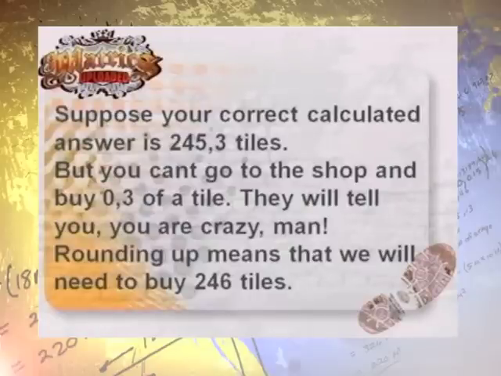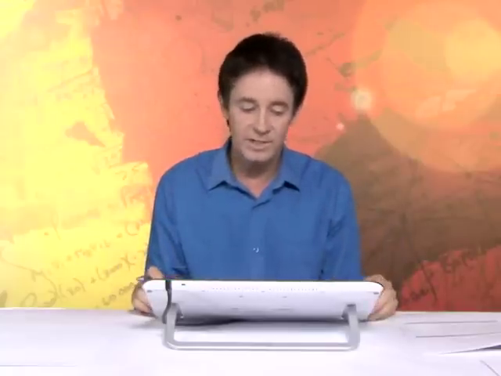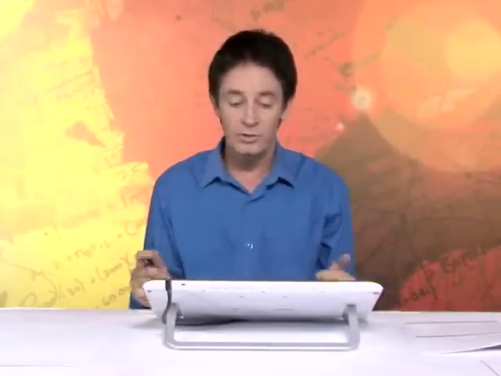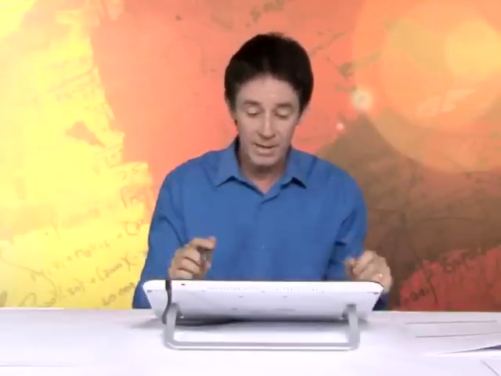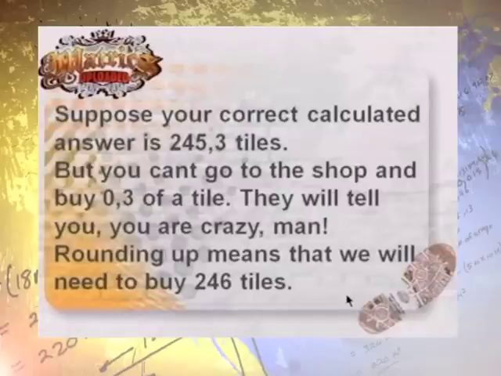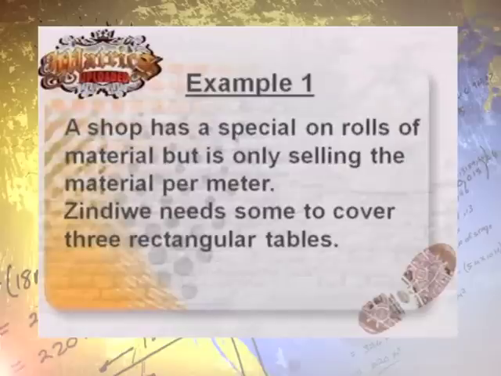So your correct answer is 245,3 tiles. That's what the area needs. But it's not going to work. If you round down, keeping it at 245, there's going to be a problem. Rounding up means that we will need to buy 246 tiles. That's so important.